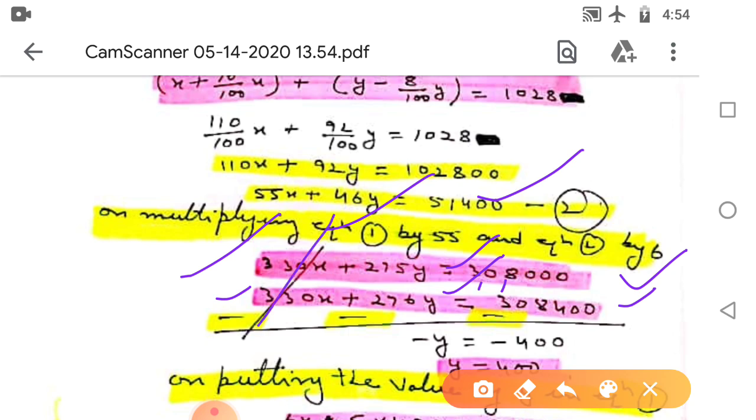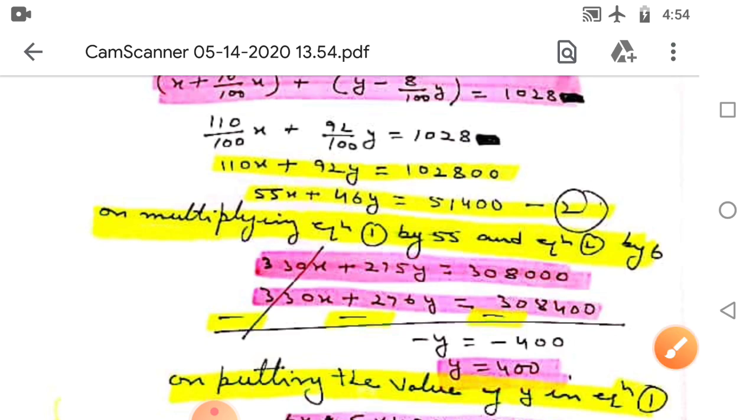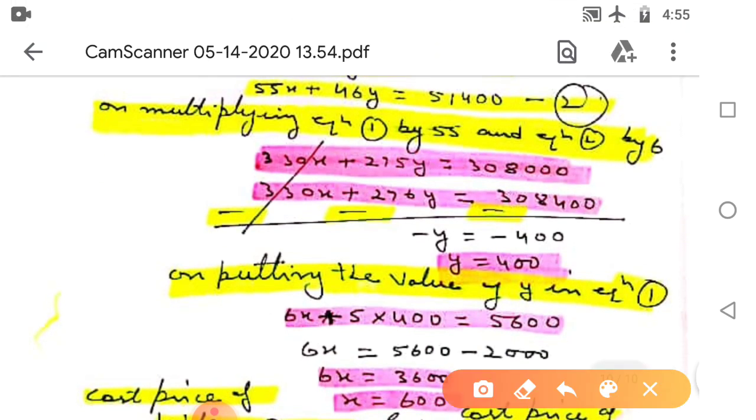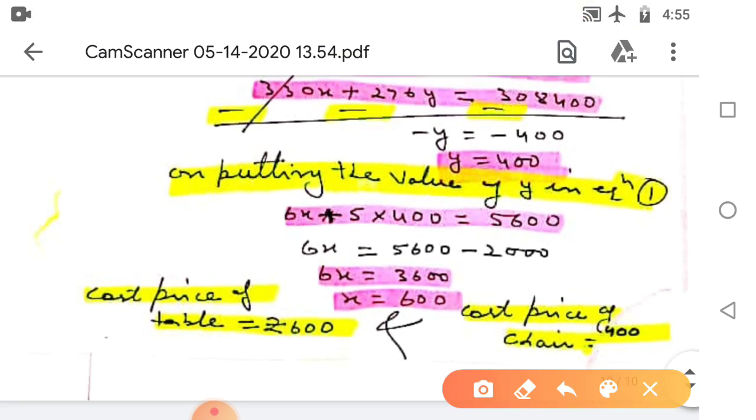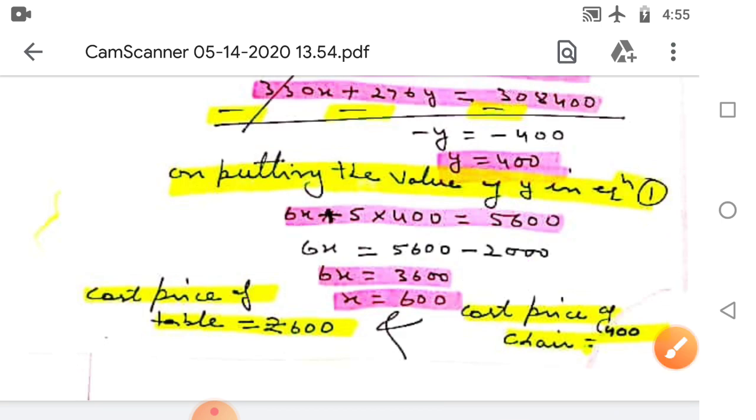Now x is gone after subtraction, and minus 275y plus 276y, it becomes y, and on the right side equal to 400. So the value of y comes 400, and on putting the value of y in equation 1, we get 6x plus 5 into 400 is equal to 5600, and the value of x comes 600. So the cost price of the table is 600 rupees, and the list price of the chair is 400 rupees. Clear?